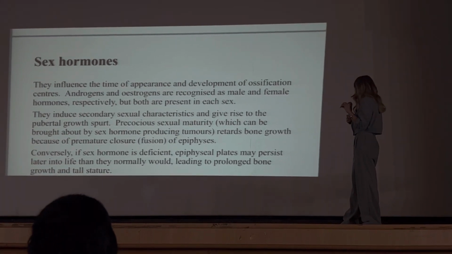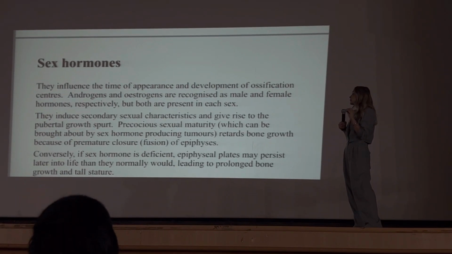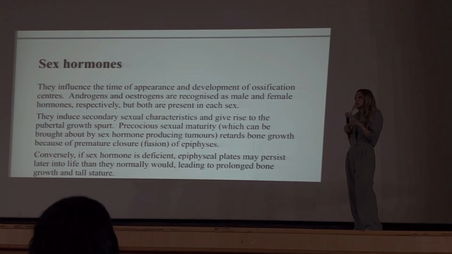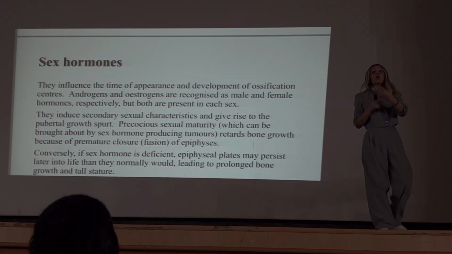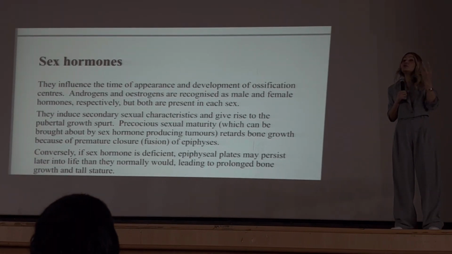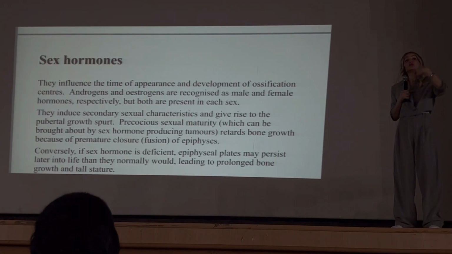Precocious sexual maturity can be brought about by sex hormone producing tumors, for example a female ovary tumor producing too much estrogen.